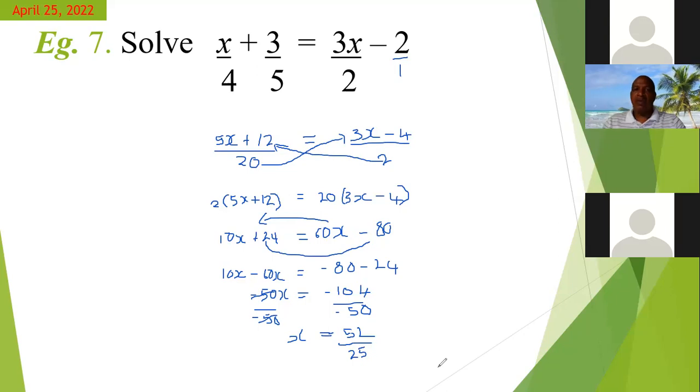So for me, what would be a better approach? So I'll show you another approach now. And to me, that's a better approach. But if you feel like this is a better approach, the one that we have here, then whichever one you feel comfortable with, you work with. No problem with that, all right?